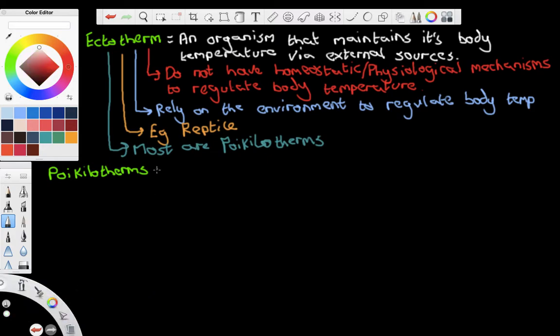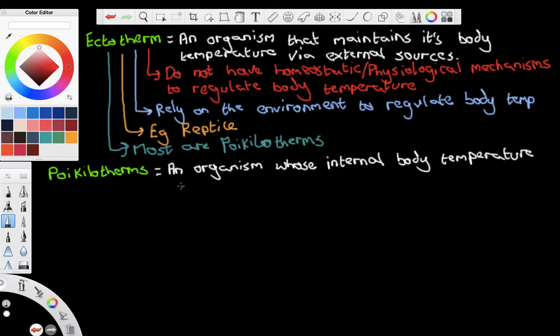So a poikilotherm is an organism whose internal body temperature will fluctuate widely.